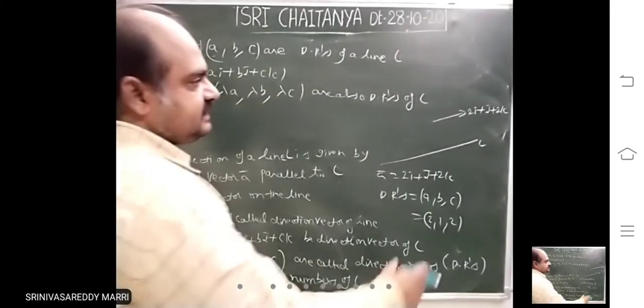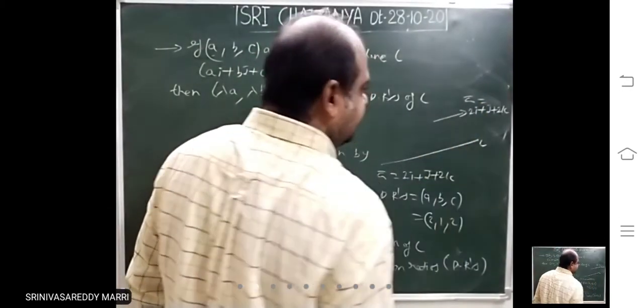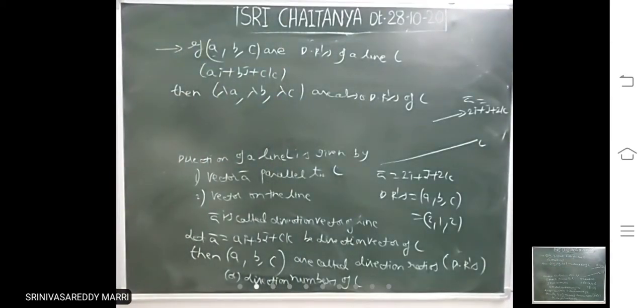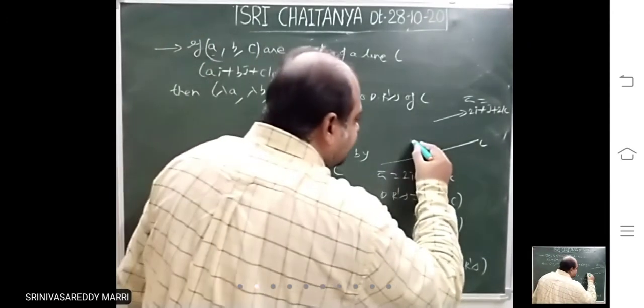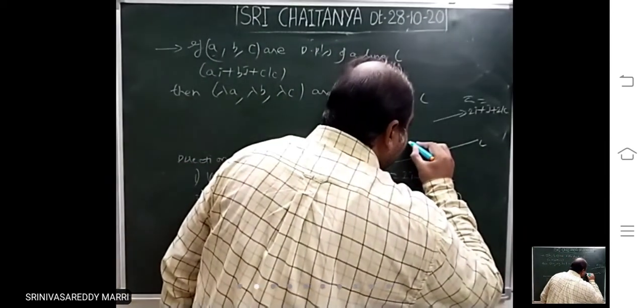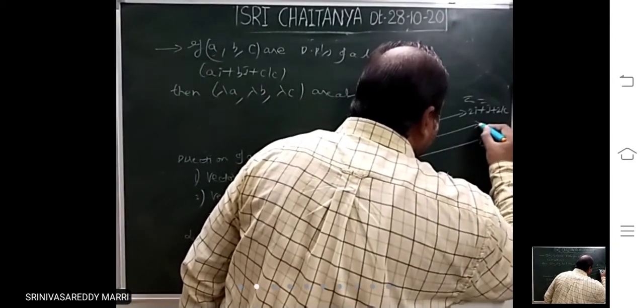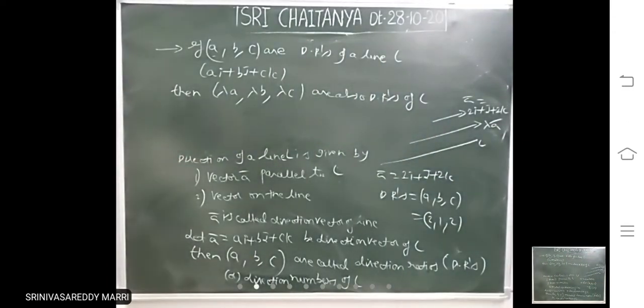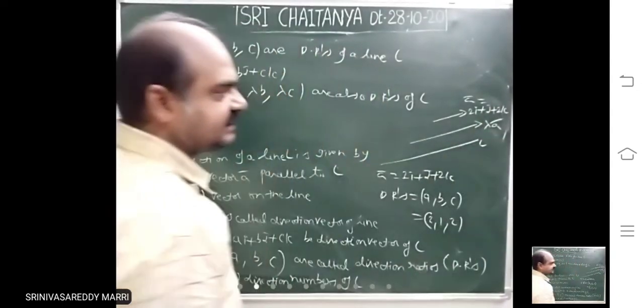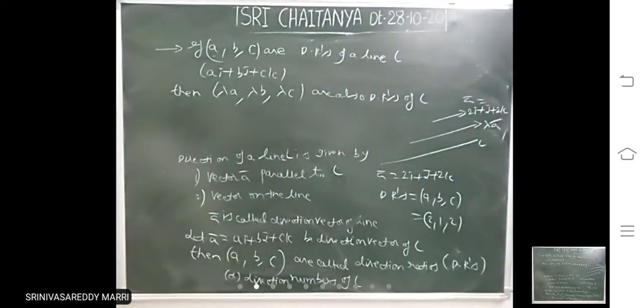Look at, suppose this is their A bar. If this shows the direction of the line, suppose I have written a collinear vector with that, lambda A bar, even that will also show the direction.